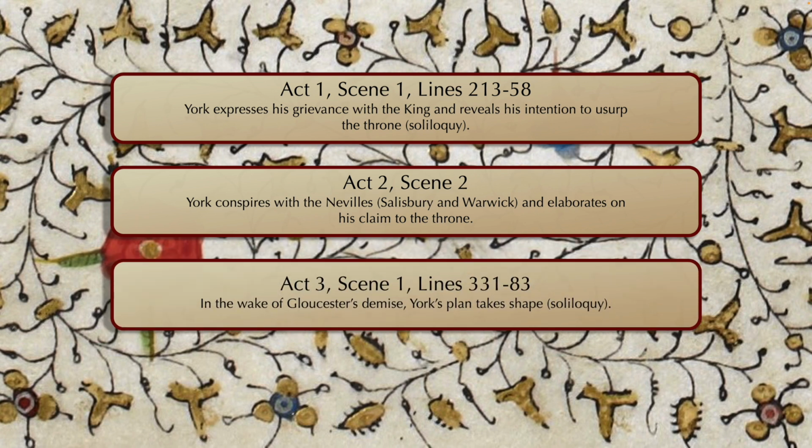And then in Act 3, at the end of the first scene, in the wake of Gloucester's demise, York's plan finally begins to take shape. We really see it begin to crystallize for him what he's going to do.